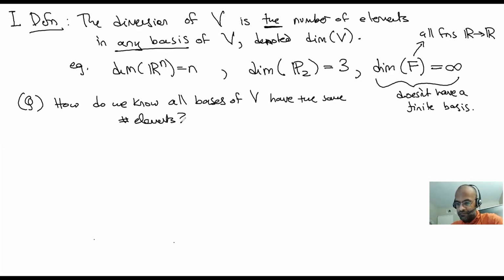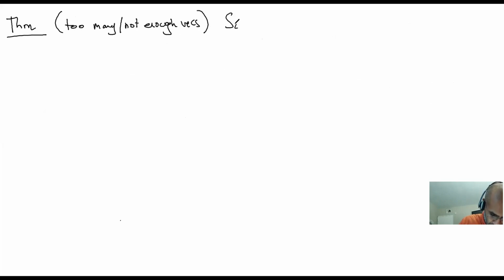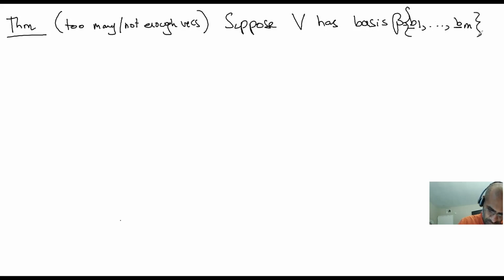Okay, so here's a theorem. This is like the too many vectors and not enough vectors theorem in V. Suppose a vector space V has a basis, let's call it B1 through BM.